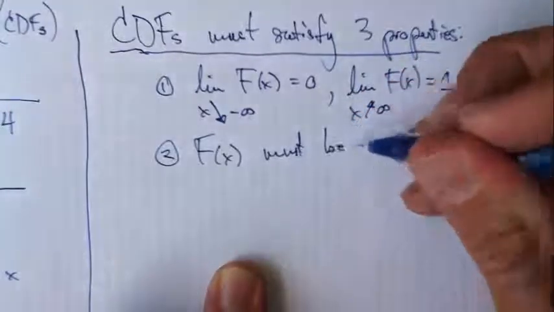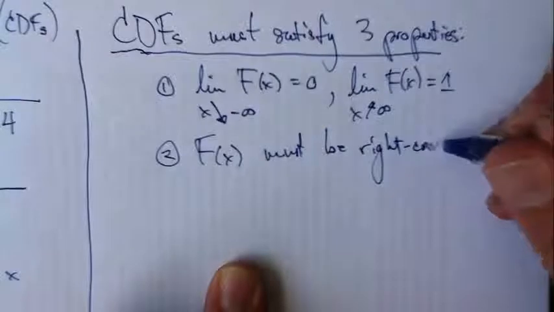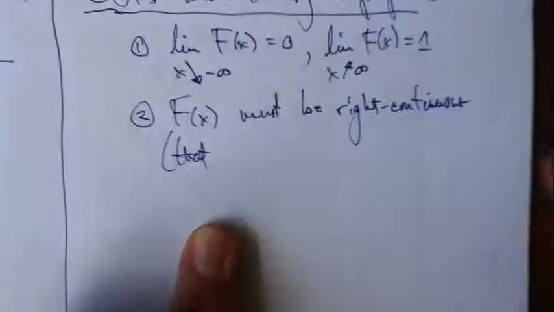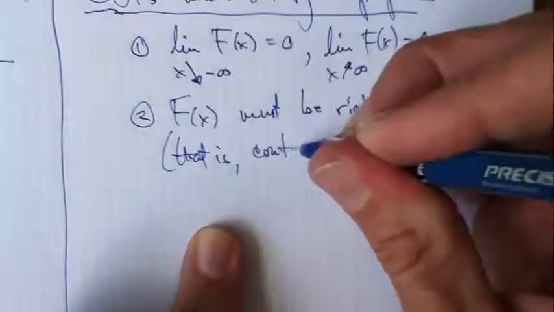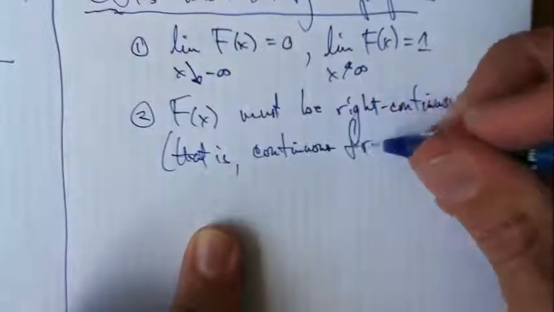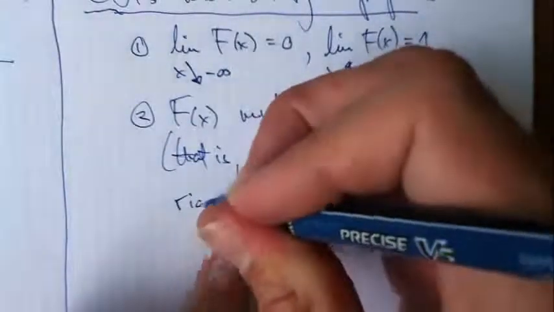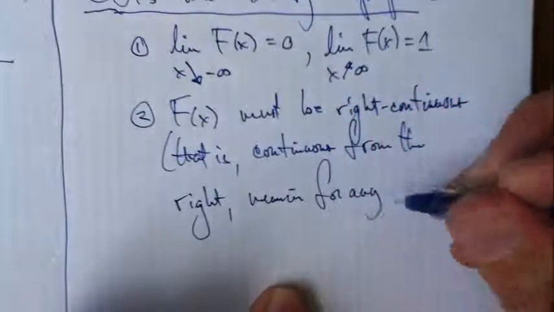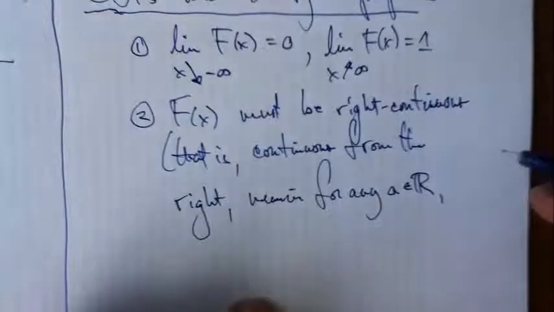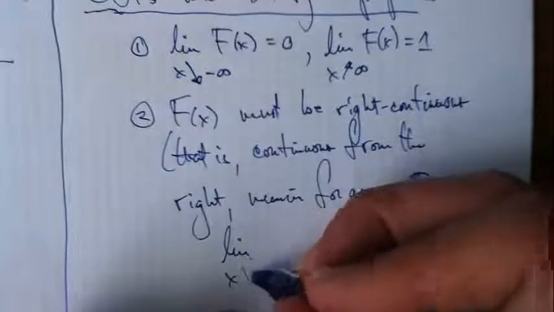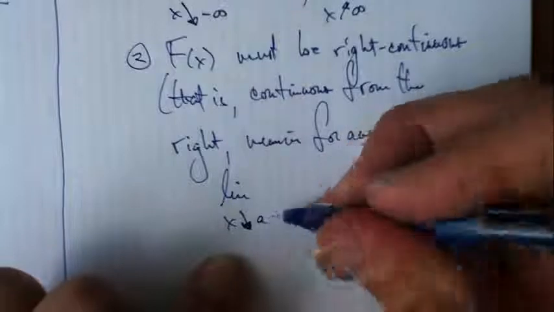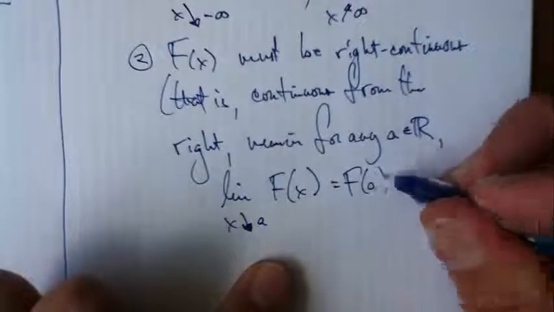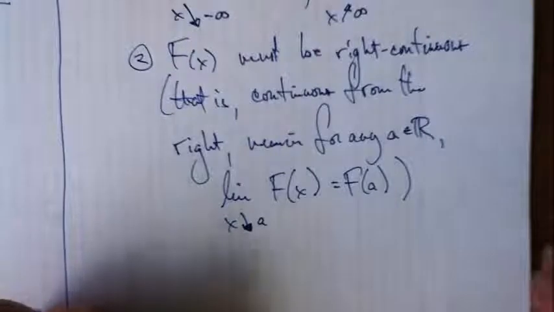It must be right continuous, that is, continuous from the right, meaning for any real number a, the limit as x goes down to a of F(x) is equal to F(a).